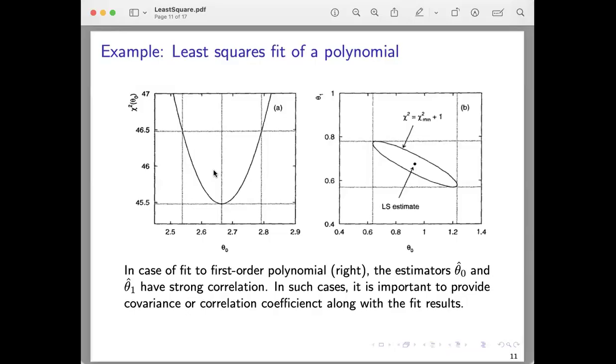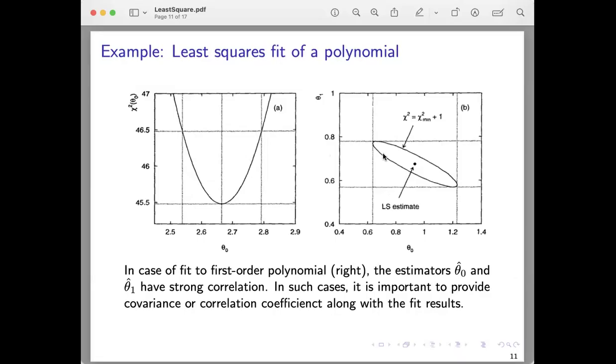That's what it actually means. But that doesn't tell you that the hypothesis you are fitting is the correct hypothesis.